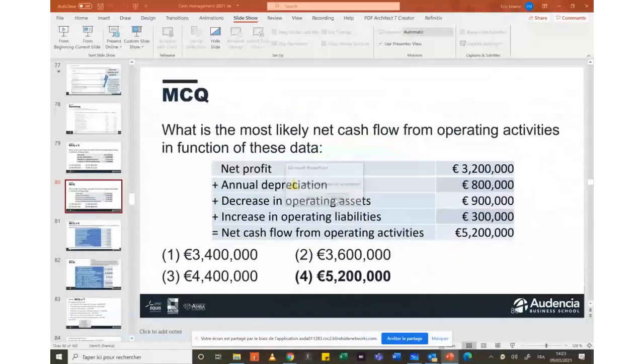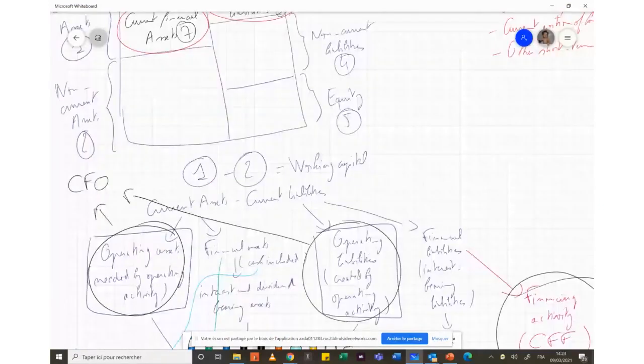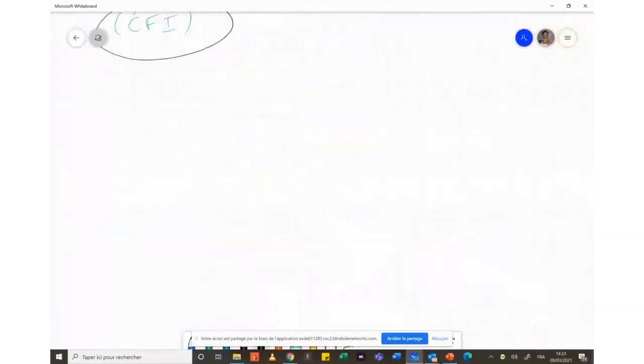So I go on the whiteboard. Generally, we are interested in the operating working capital, or working capital, as a percentage of the sales revenue.